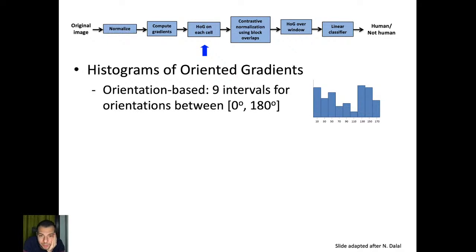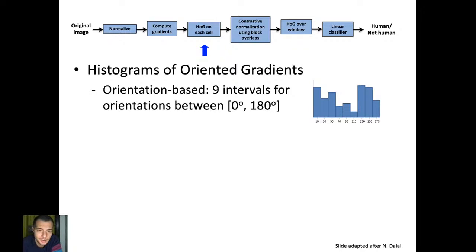And the most important part, how did they compute the histogram of oriented gradients? So for each cell, they considered an orientation-based histogram with 9 intervals.